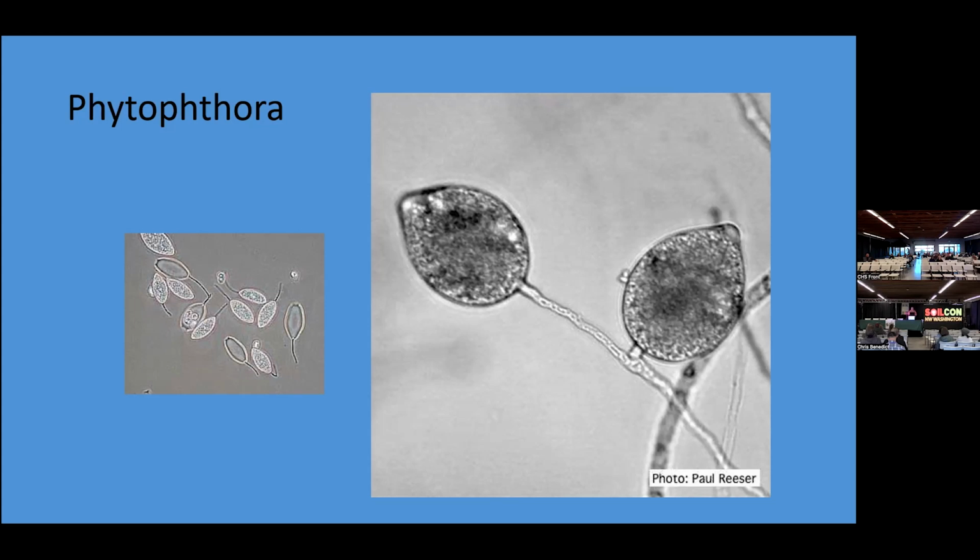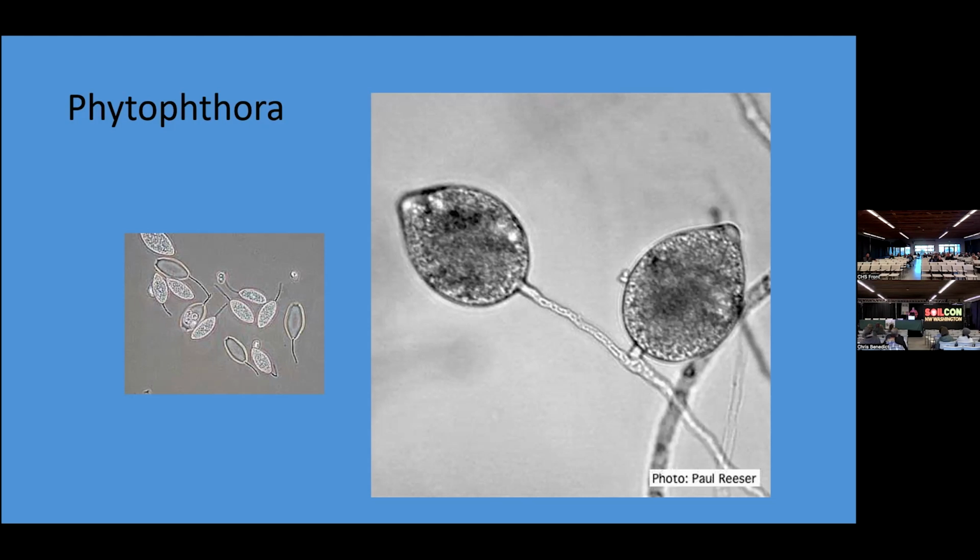And why does this matter? Because if you look at the picture on your right-hand side there, you'll see they're called the sporangium. It holds all the spores of the Phytophthora. But the picture that I want you to really look at is the one on the left. Those are spores of Phytophthora. They're called zoospores. So when you go to the zoo, you're looking at animals.